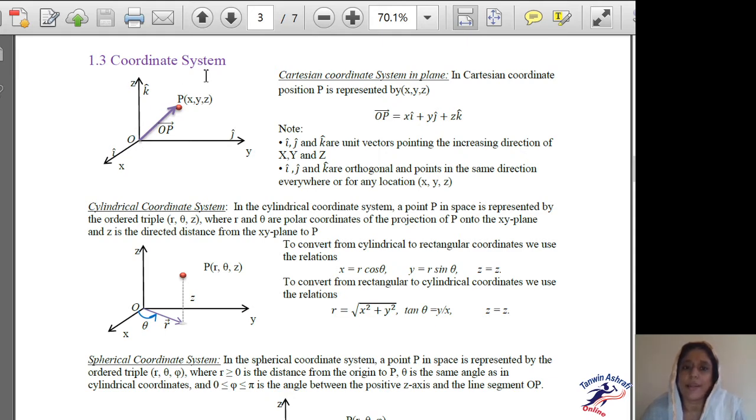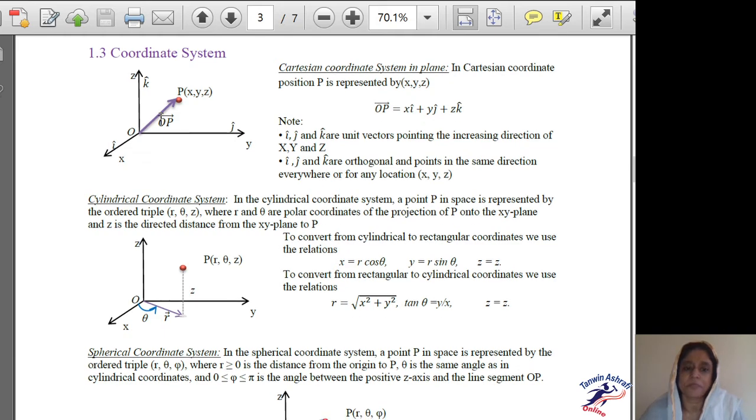Therefore, vector OP, the position vector of P with respect to the origin O, is equal to x i cap plus y j cap plus z k cap. Here i, j, and k are the unit vectors pointing in the direction of x, y, and z. These vectors are orthogonal.